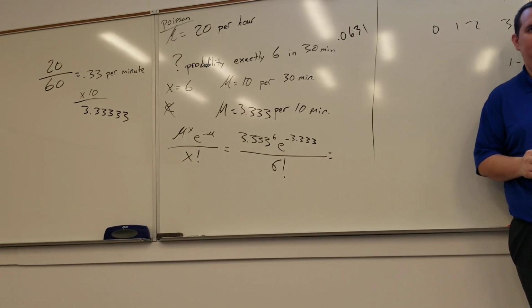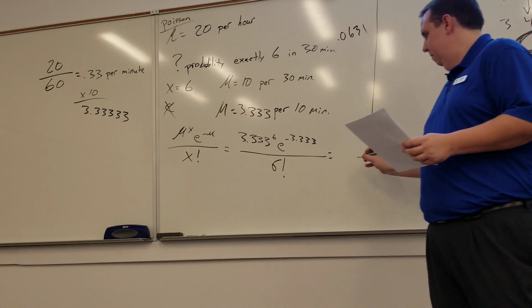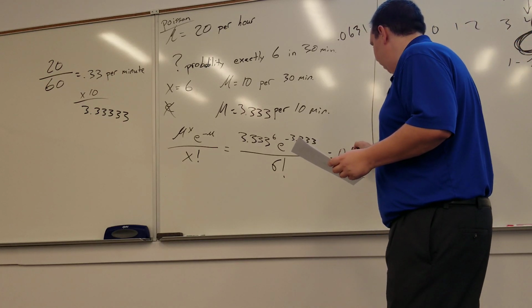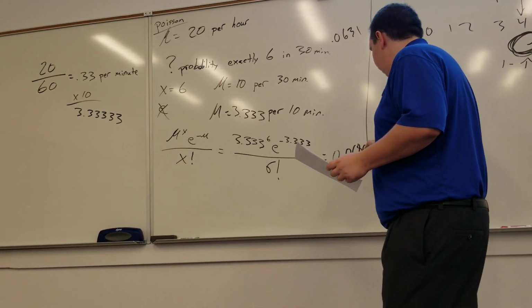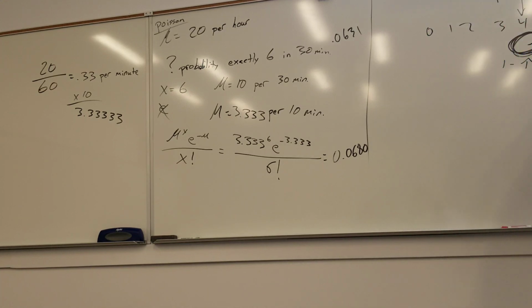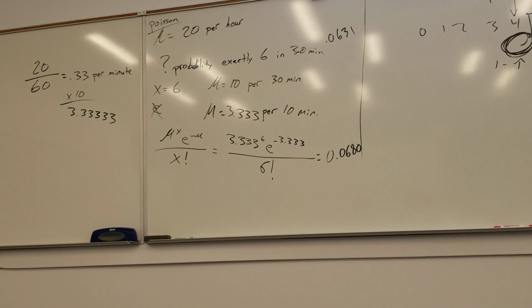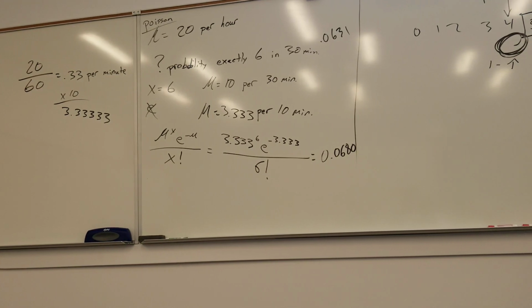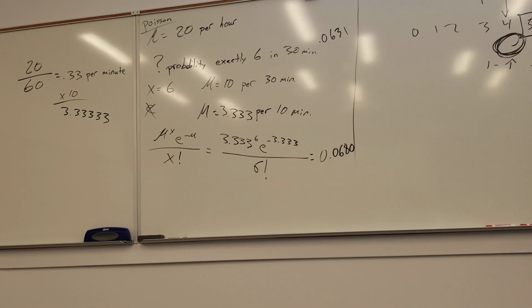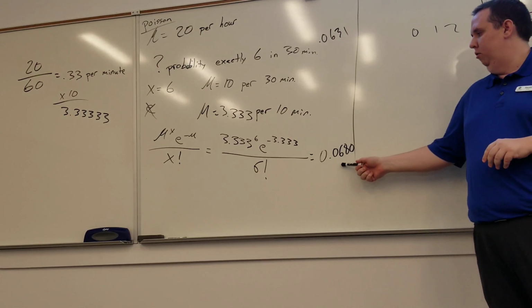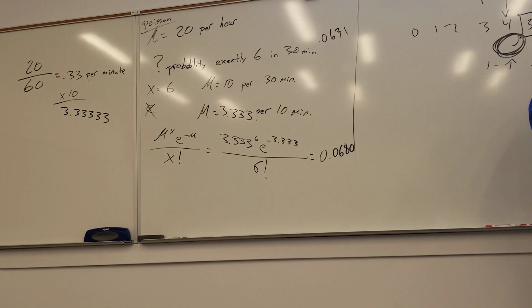I got 0.0680, you round up. Okay, 0.0680. So there's a better chance of exactly 6 customers showing up in 10 minutes than there is in half an hour.